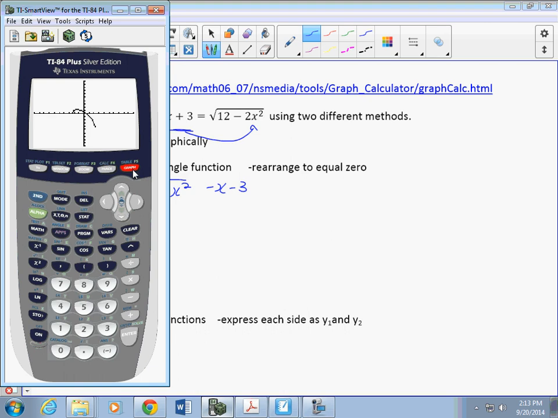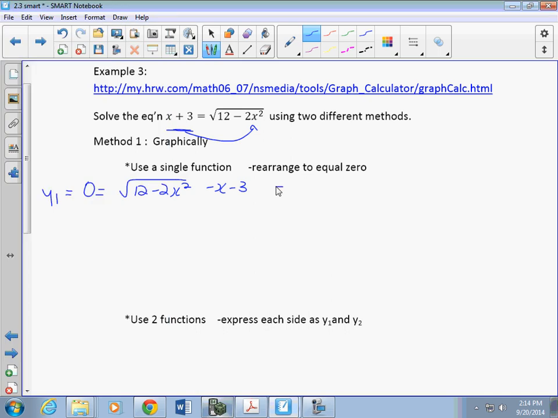So now what I want to do is find out what are these 2 points where the graph crosses. So I want to calculate that. To calculate that, I do my second trace. I'm just going to graph, and then I'll put these steps on here. So you do second, and then trace, because that's calculate.